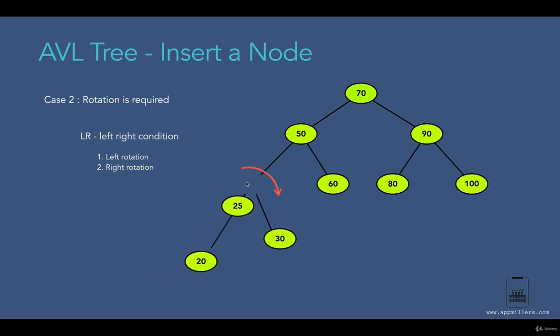So the root node comes down, the left child becomes the parent of the root node, and the left child of 25 remains in its place. After rotation, if we check this node, it's balanced because the left subtree's height is 1 and the right subtree's height is 1. The difference is 1. So by doing this rotation, we have made our tree balanced.